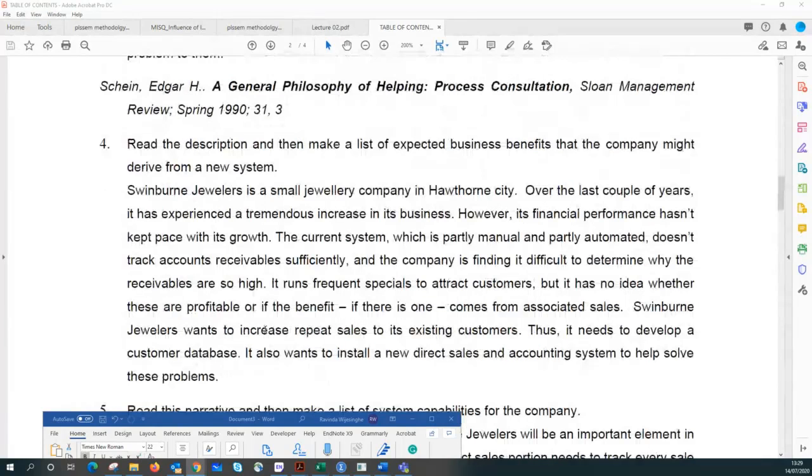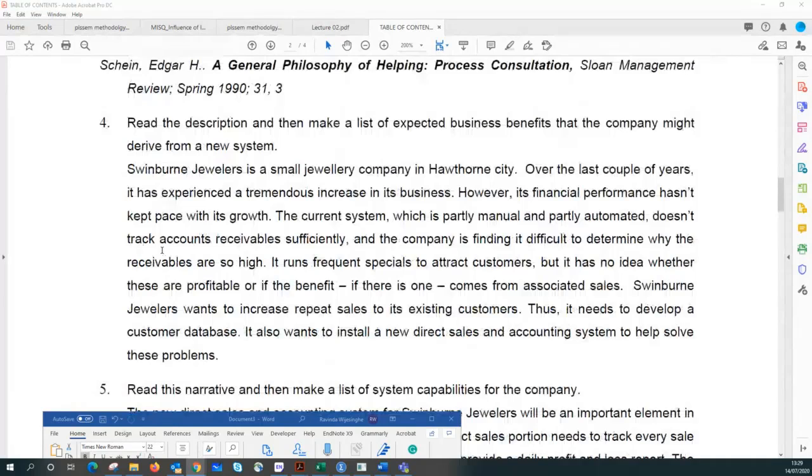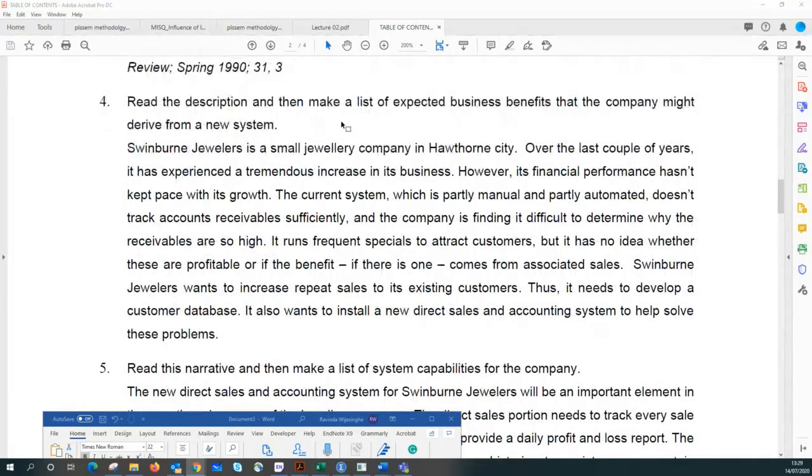So let's go through question number 4. Read the description and then make a list of expected business benefits that the company might derive from the new system. They have given a small case study and ask us to pinpoint or write some business benefits.